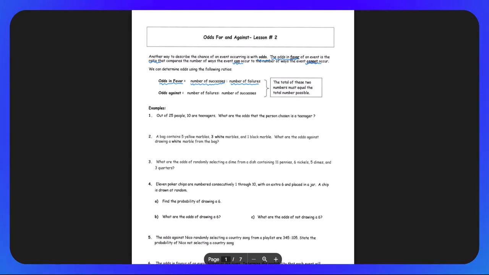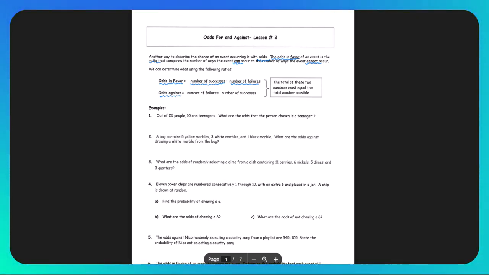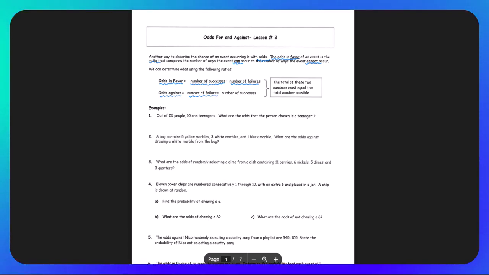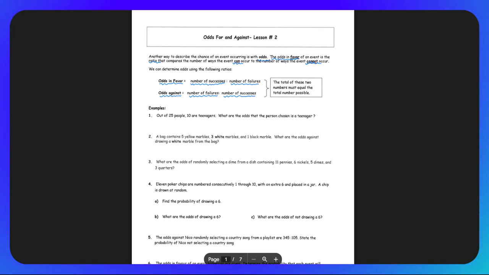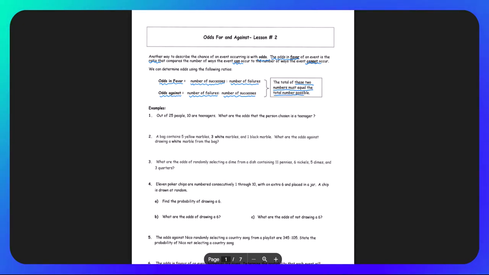The opposite of that is the odds against, and that equals the number of failures of an event occurring to the number of successes of an event occurring. And these two numbers must equal the total number of events.